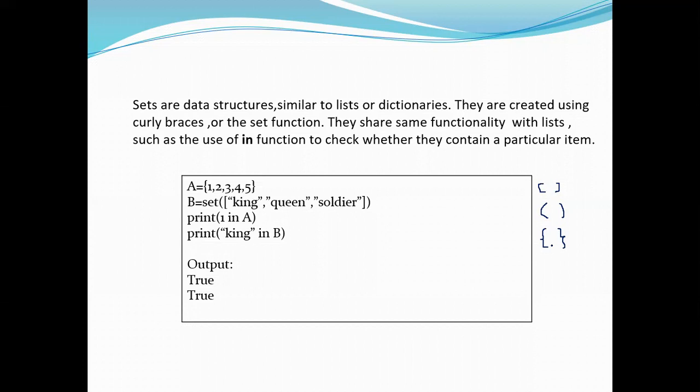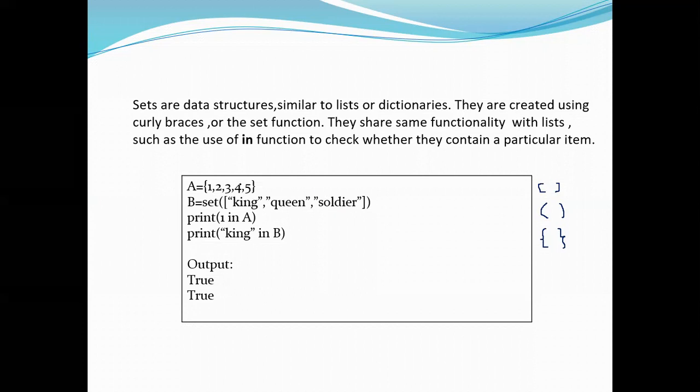So here, the major thing about this particular data structure is that it will automatically remove duplicates, and at the same time, it is very good for searching a particular data item. So it has a very good searching capacity. The complexity of searching is very low in this particular data structure called sets.